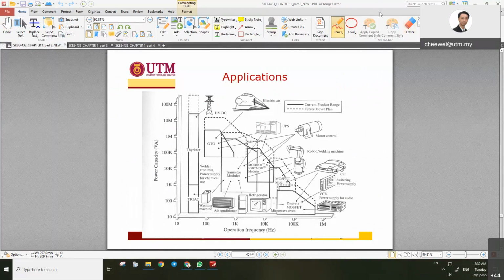Come on, give me one. Thyristor. What is the short form for thyristor? SCR. And the full name for SCR, anyone knows? Silicon control rectifier. Thank you. Any more?